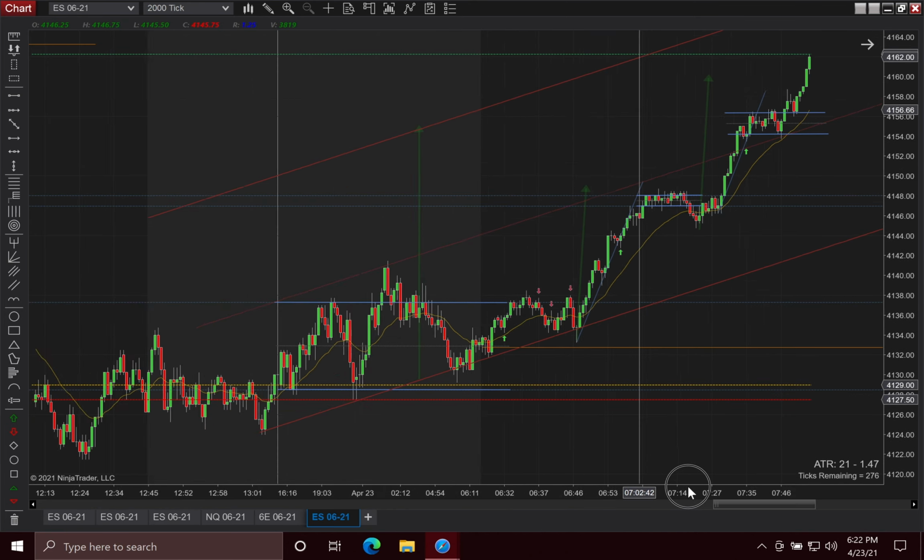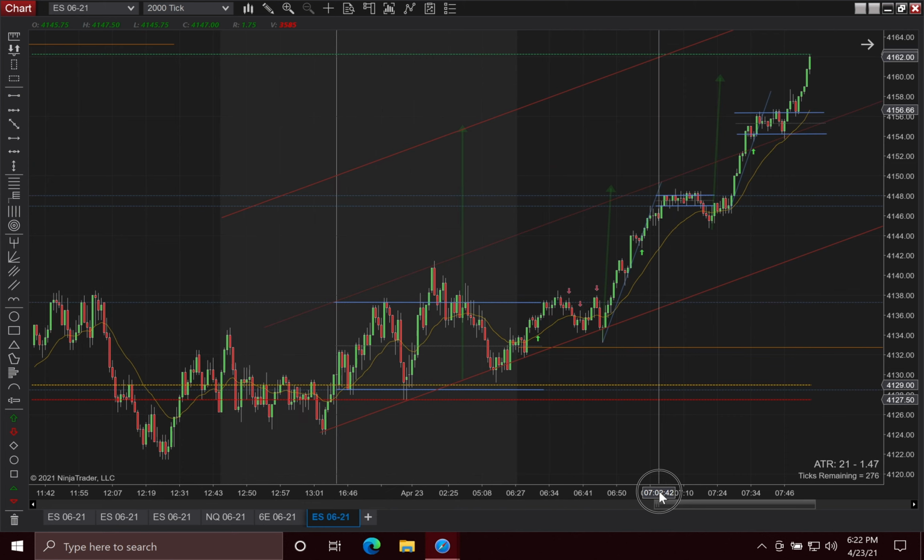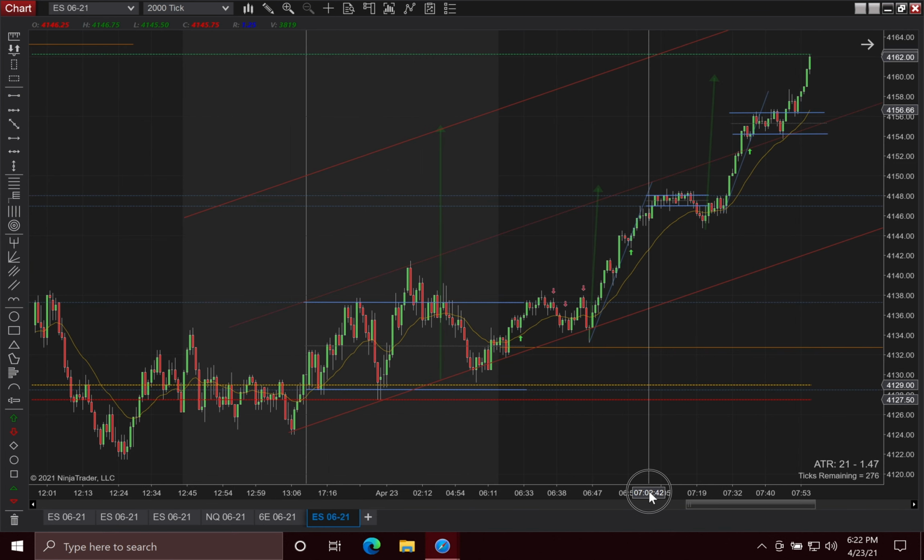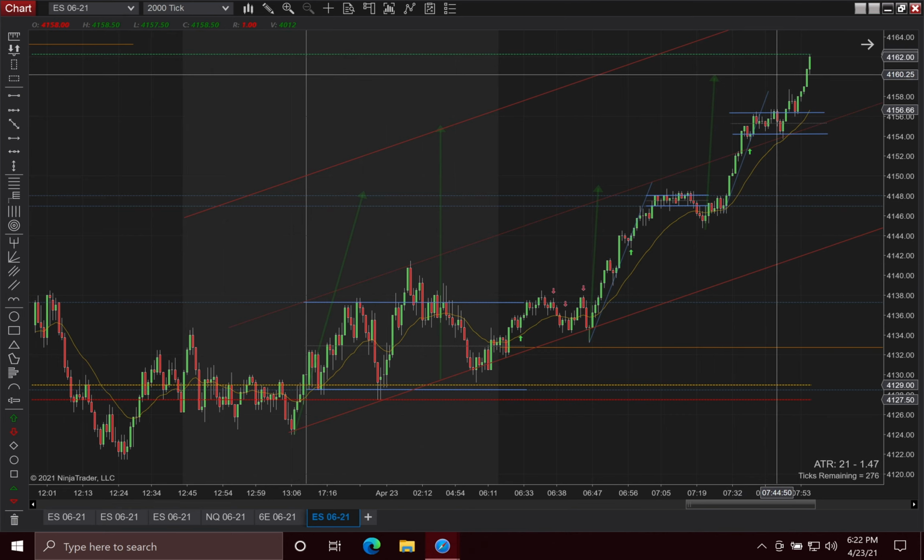Another thing I need to look for, maybe there's another measured move. I don't know if this one is as obvious, but maybe off these lows, this move is leg one. And the reason why I'm thinking that is because when we got to this measured move, we didn't even get any sellers.